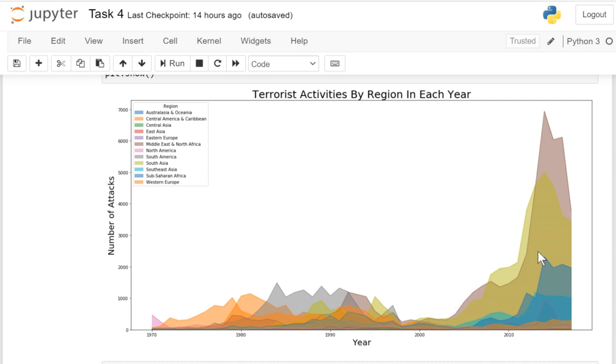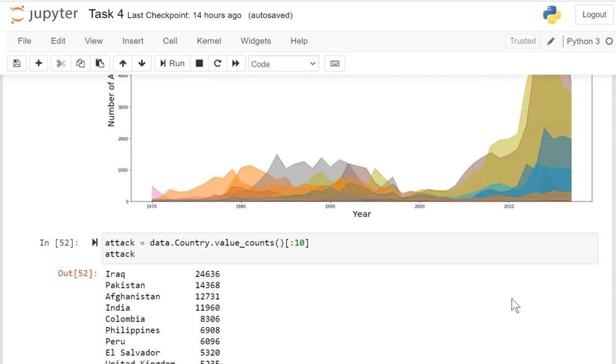After 2010, there is a huge spike in the Middle East and North Africa, followed by South Asia, then Sub-Saharan Africa, then Australasia and Oceania, and then other regions.